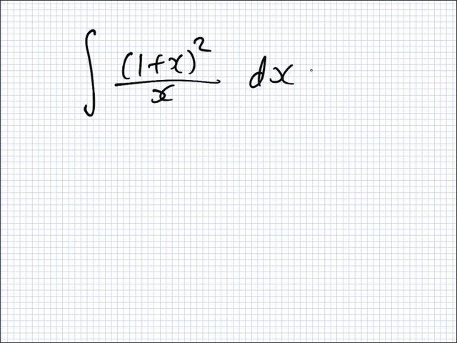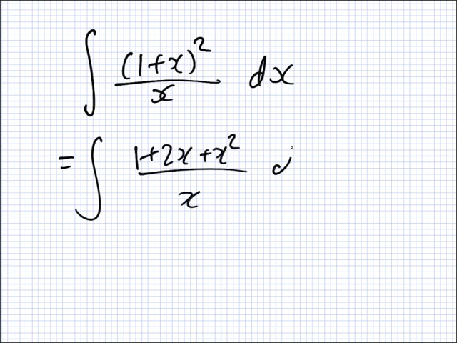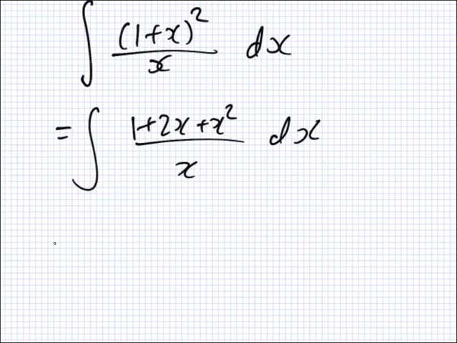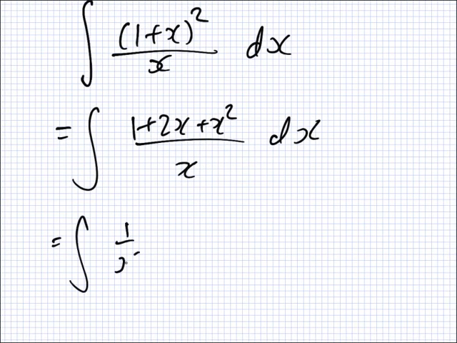Okay, do we have answers? You missed the log. So this becomes, on the top, 1 plus 2x plus x squared over x dx, which becomes 1 over x plus 2x over x plus x dx, right?